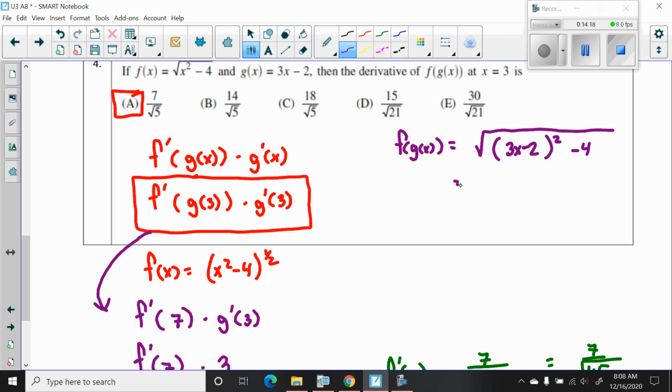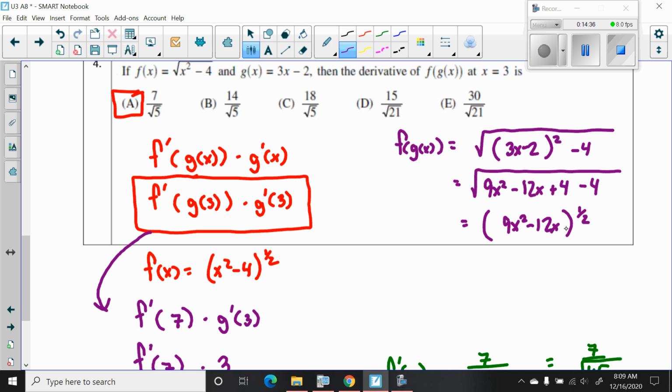And if we square that out, 9x squared, 3 times 2 is 6, times 2 is 12x, plus 4, minus 4. So this would be 9x squared minus 12x to the 1/2 power.